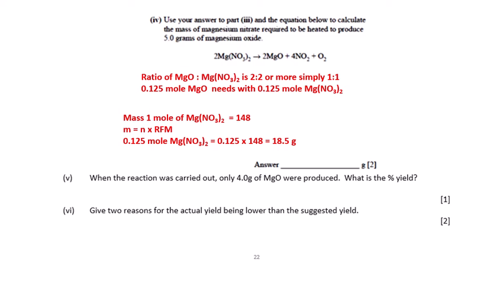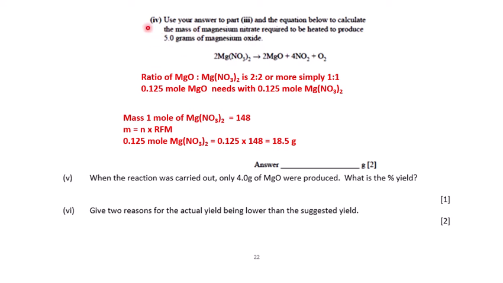The next one asked for the percentage yield. Now it says when the reaction was carried out, only 4 grams of magnesium oxide were produced. Now you remember the equation for percentage yield, I'll put up on the screen in a moment, was the actual yield. Well, there's the actual yield, there's how much we actually got, 4 grams, divided by the theoretical yield. Now how much were we trying to make? Well, if you look back up here, it said required to be heated to produce 5 grams.